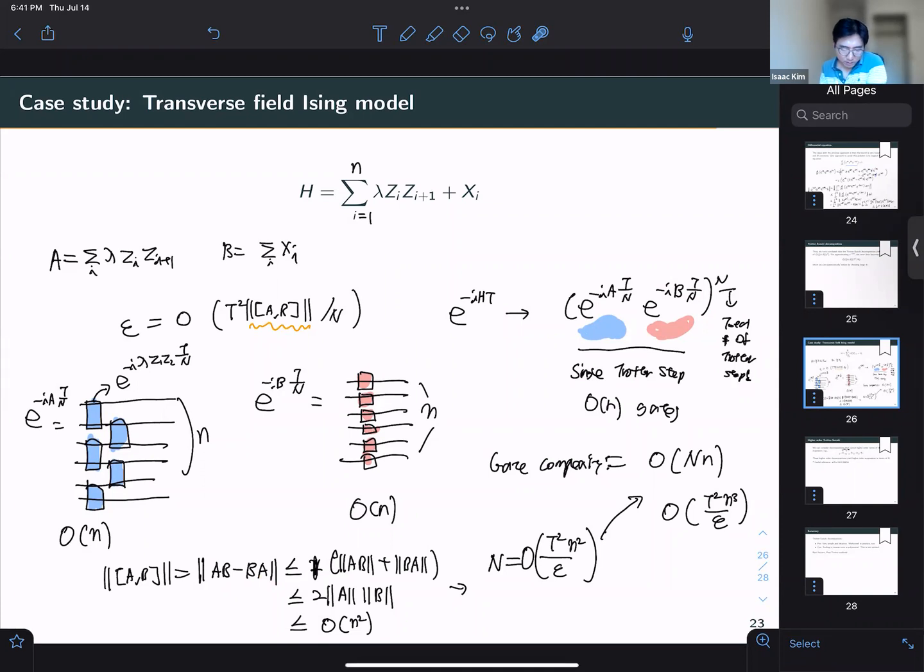Here it's not about the gates. You take A as the sum of the G_{i+1} and B as the sum of X_i, and then it's a perfect gate.